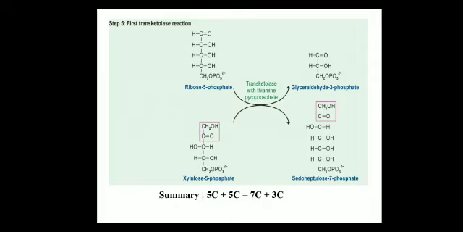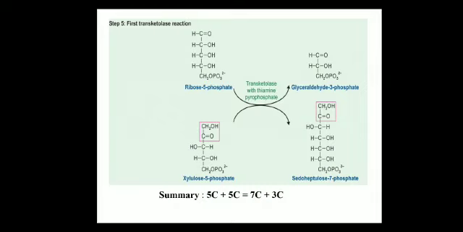The fifth step is the transketolase reaction. Here ribose 5 phosphate is there, xylulose 5 phosphate is there. Both are pentoses, that is, pentose means it will have a 5 carbon compound. So they both will combine to form glyceraldehyde 3 phosphate and sedoheptulose 7 phosphate.